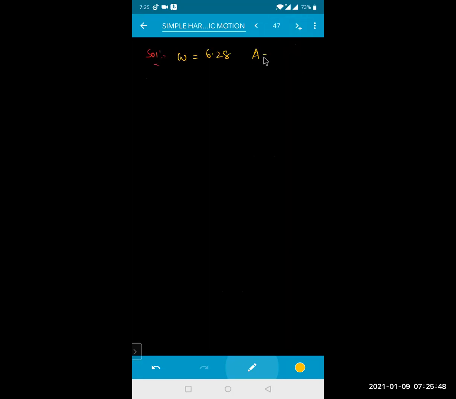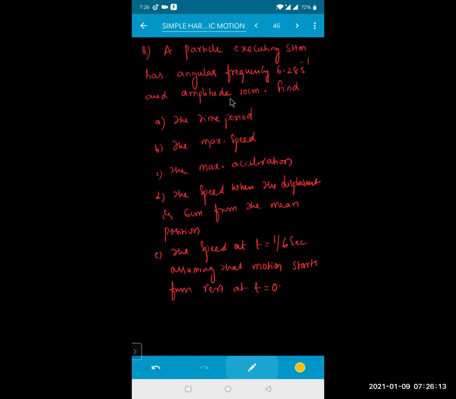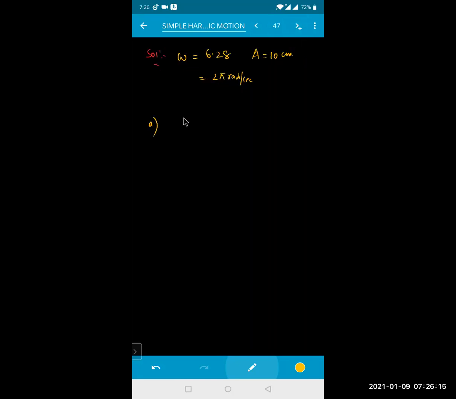Can you convert this 6.28 as a multiple of pi? This is nothing but 2 pi radians, because 2 into pi, where pi is 3.14, is 6.28 radians per second. And amplitude is given as 10 centimeters. So what is the first question asking for me, beta? So the time period formula is how much, beta?